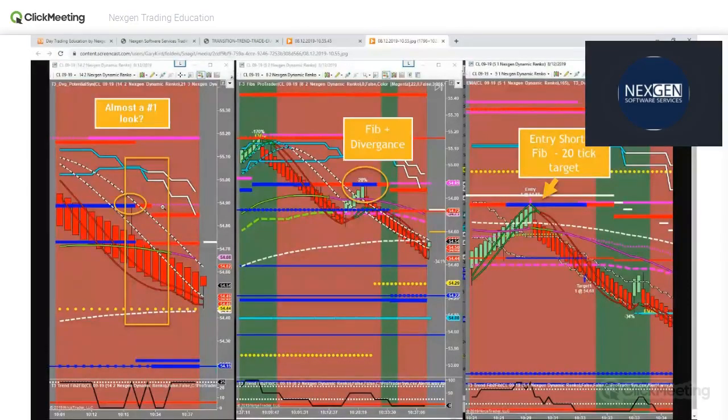I can agree. And again, you don't know that there's going to be divergence, Gary, until after there was divergence. So again, did you do market replay over the weekend, Gary?